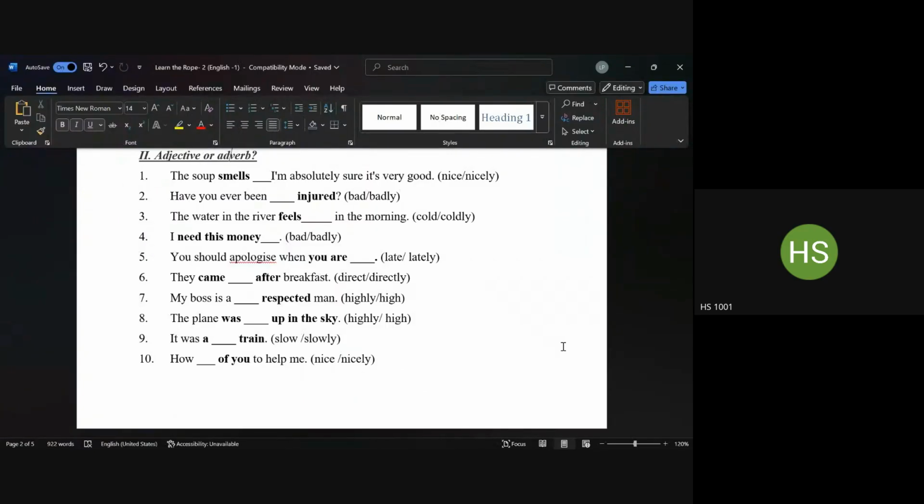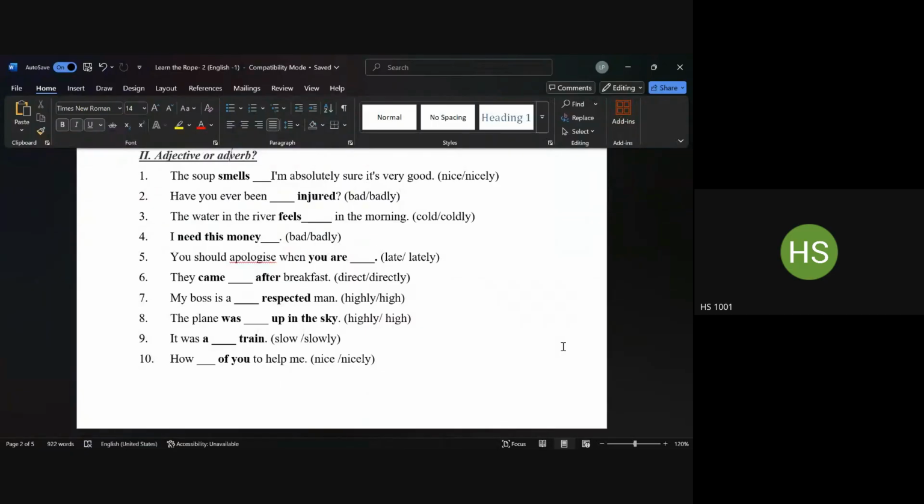Am I using an adjective or an adverb here? Adjective, right? Soup smells nice. It's the predicative use of the adjective nice. Some of these words may have adverbial uses here and there, but primarily this is an adjective that describes nouns.